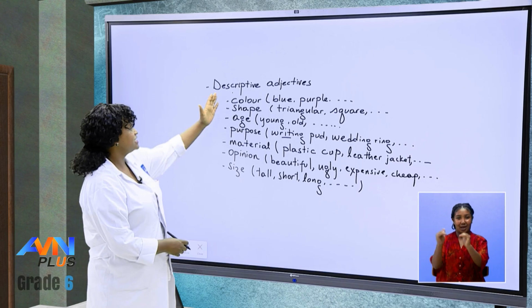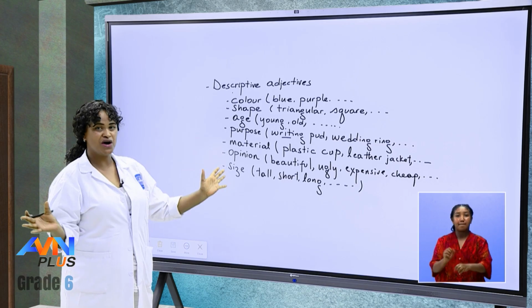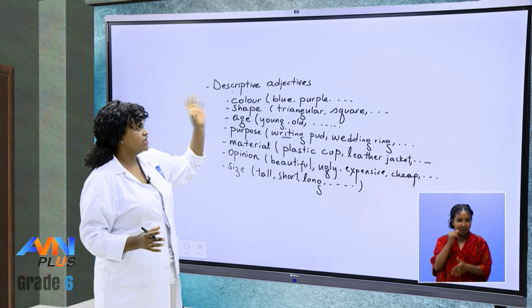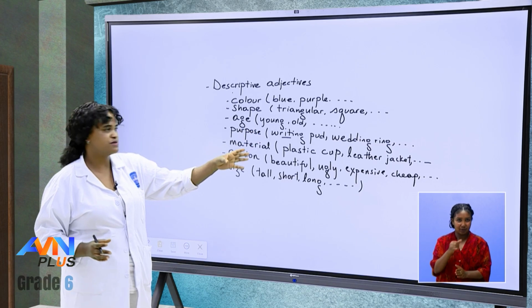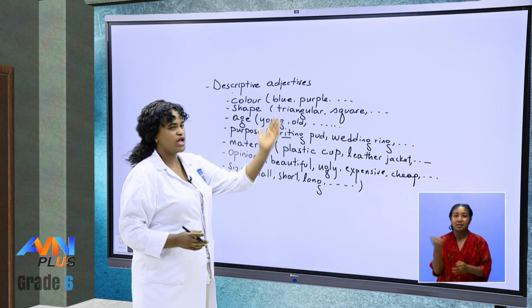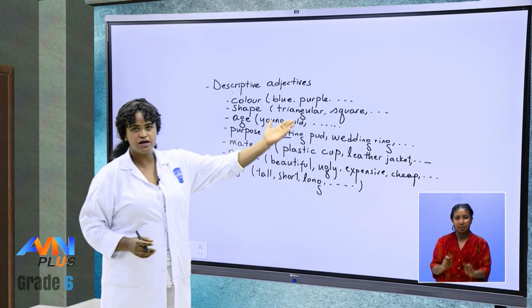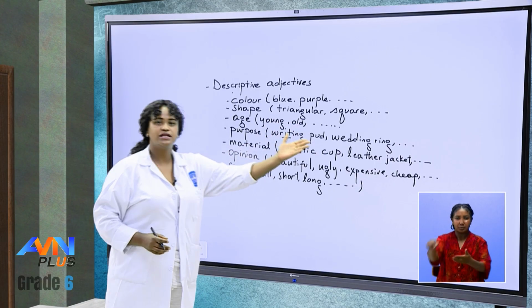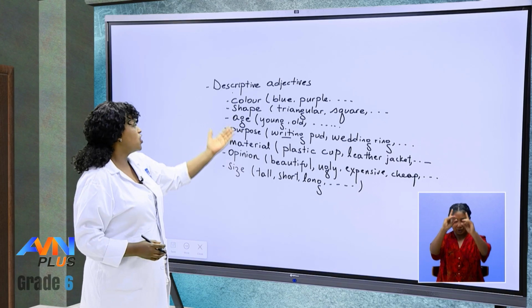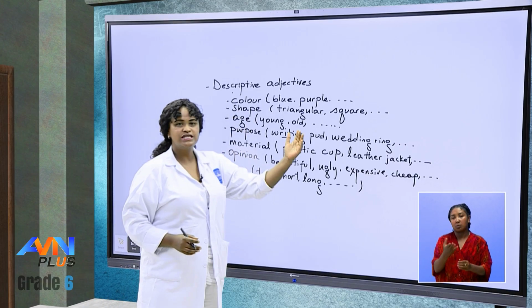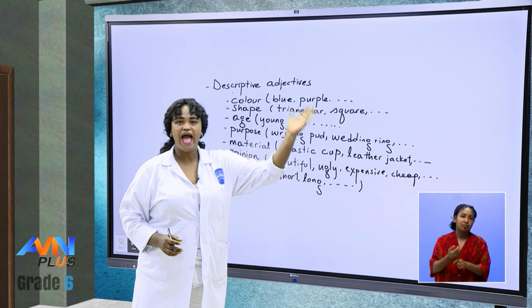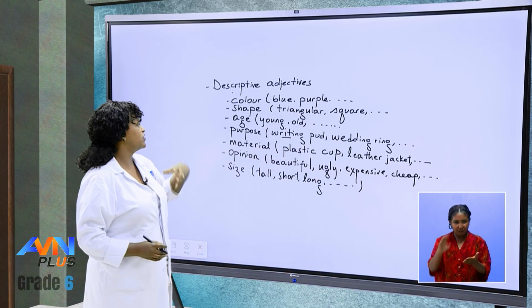So this is the first and the broadest type of adjectives, descriptive adjectives. Under descriptive adjectives, the colors red, blue, purple, yellow, or the shape triangular, square, circular, diamond shape, or the age young, old, ancient, new, antique. These are all about the age.